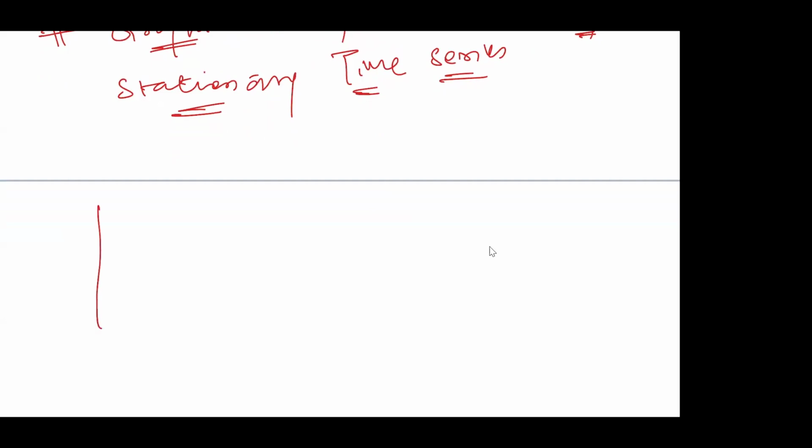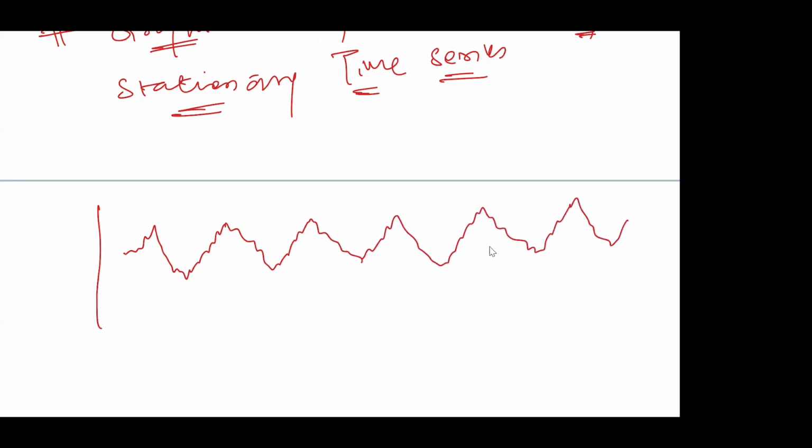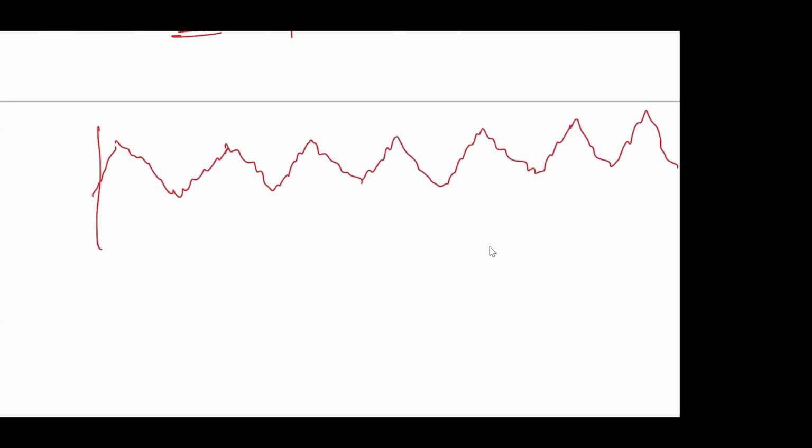Let's say we have something like this. When you calculate the mean of this whole time series, you'll see that it has a constant mean.